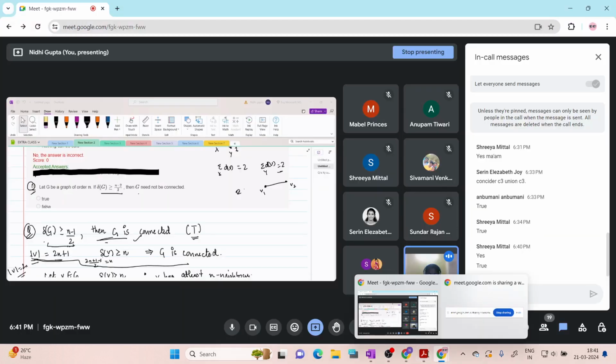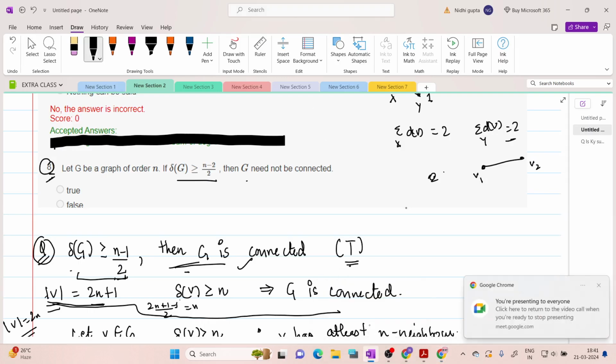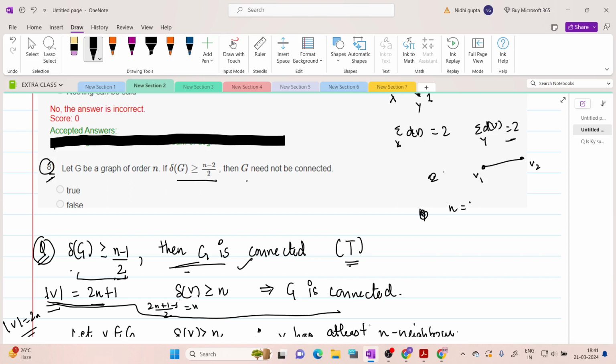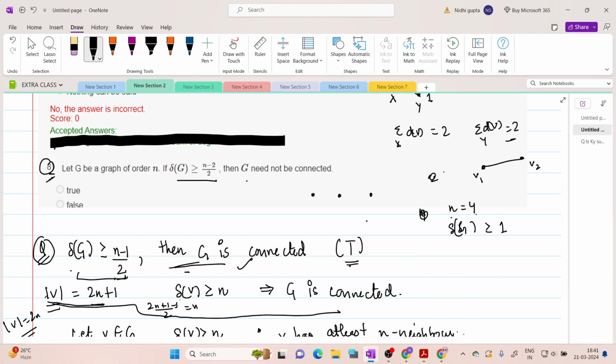So let's try to see with the simplest example. If we are taking n equal to 4, then the minimum degree is greater than or equal to 1. So we have 4 vertices and the minimum degree is greater than or equal to 1.